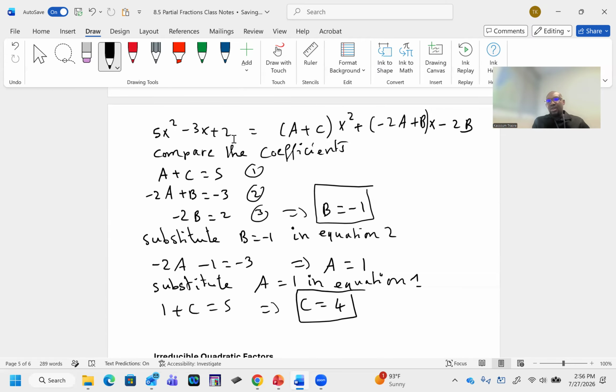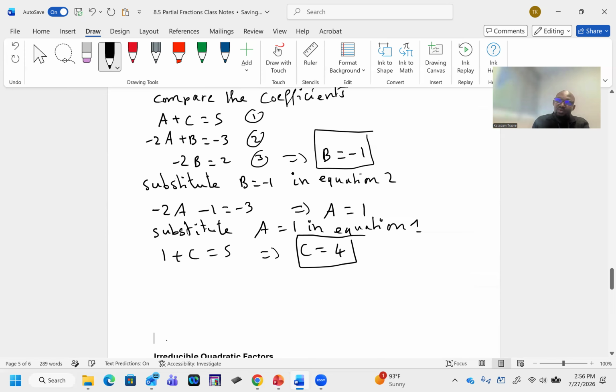Right? So the partial fraction decomposition will be, we have a, we have b, we have c.